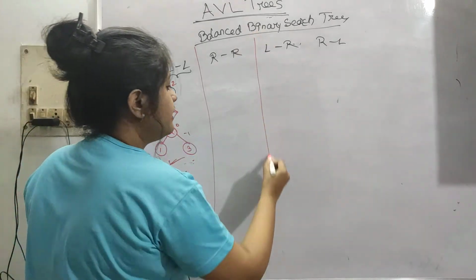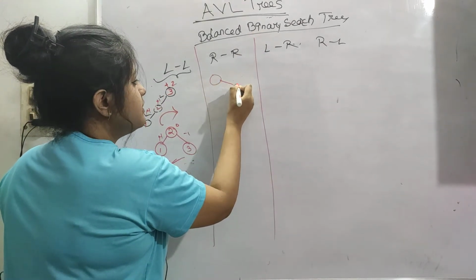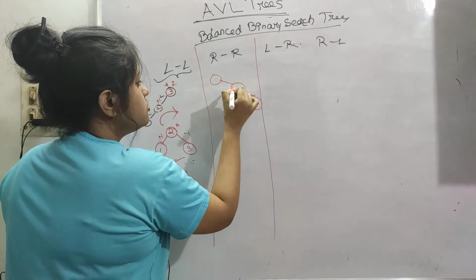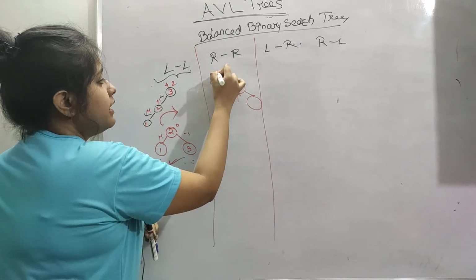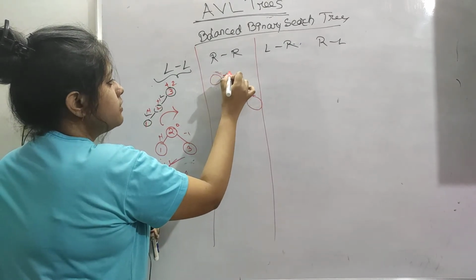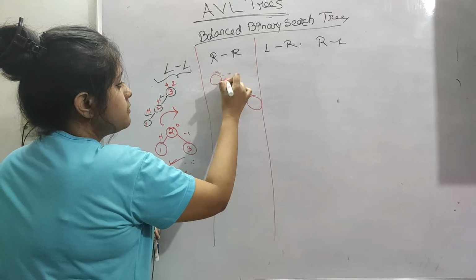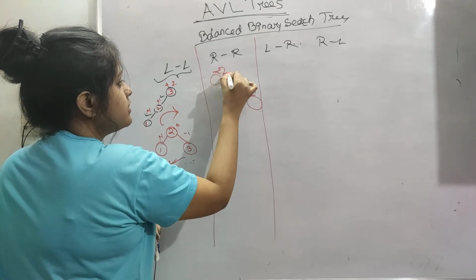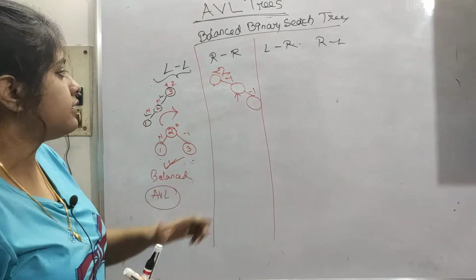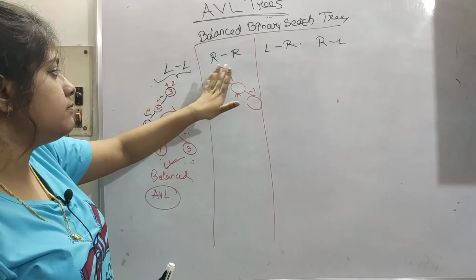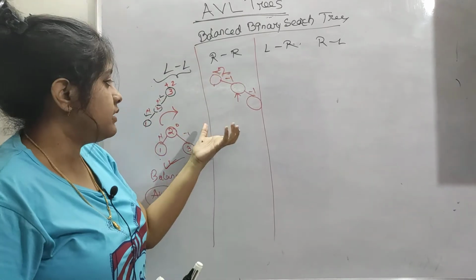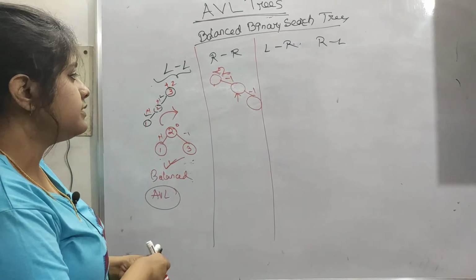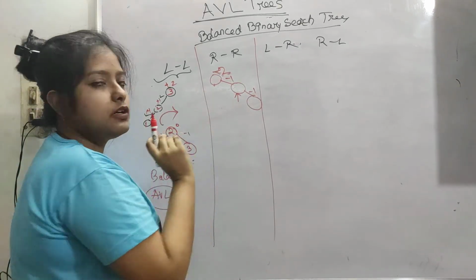Now let's see right right. Right right means basically this. This is unbalanced: -1, this is -1, this is -2. Here check that it is becoming less than -1, so we have to balance it because it is unbalanced.